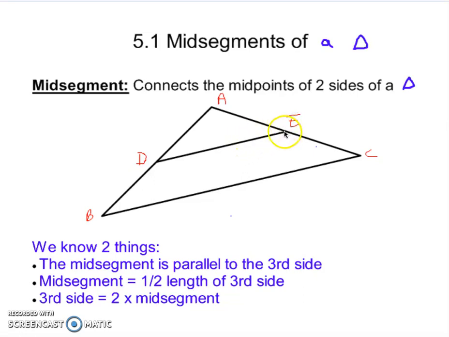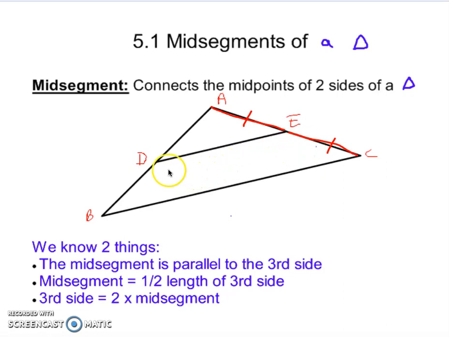E would be the midpoint of A and C, which would make these two congruent. Those two segments would be congruent.